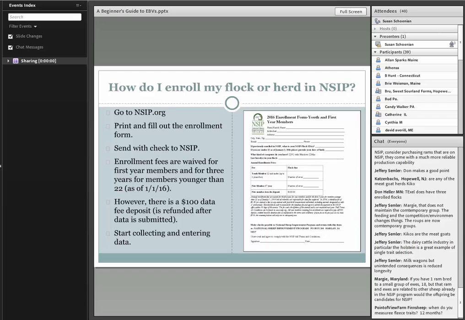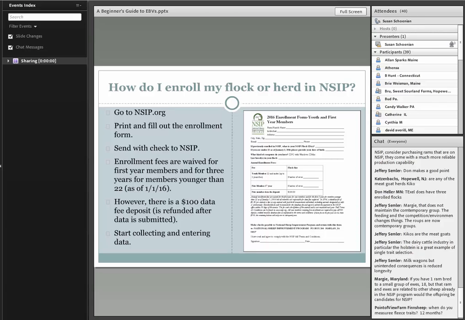It may not seem like there's a lot of flocks right now, but it is increasing, and there's a lot of excitement within the sheep industry to increase enrollment. And as somebody who conducts a buck test, I would really love to get the goat industry involved.